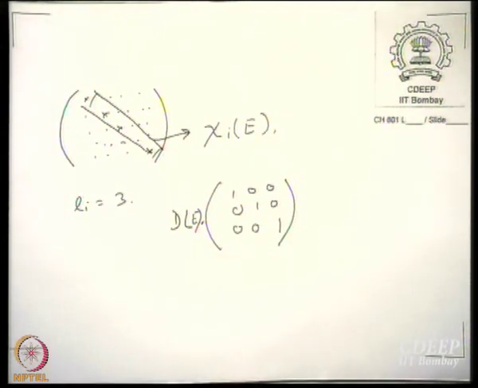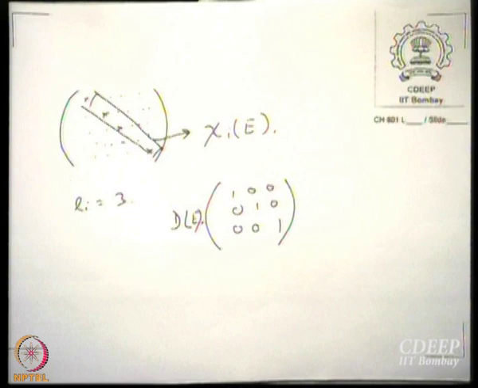So what is chi of this matrix? 1 plus 1 plus 1, 3, right? If instead of 3 I say 29, I do not know of any 29 dimensional irreducible representation, that is a different issue, but let us say it is 29. Will this still hold or not? The character of the unit matrix will be equal to the dimensionality, it will be 29 in that case. Is that right? Okay.